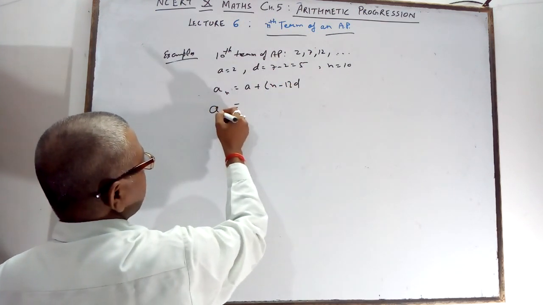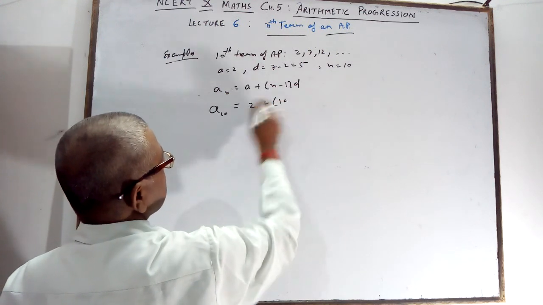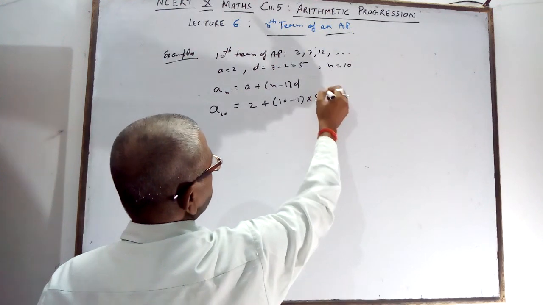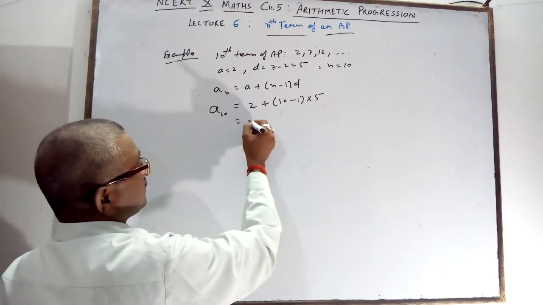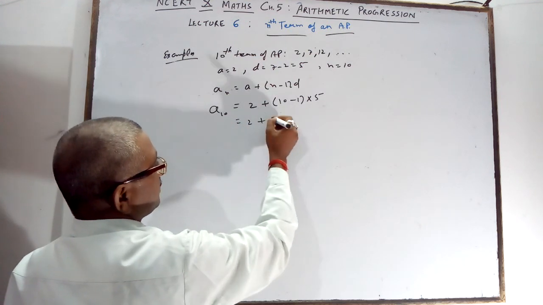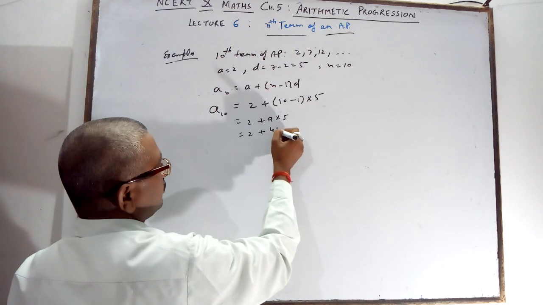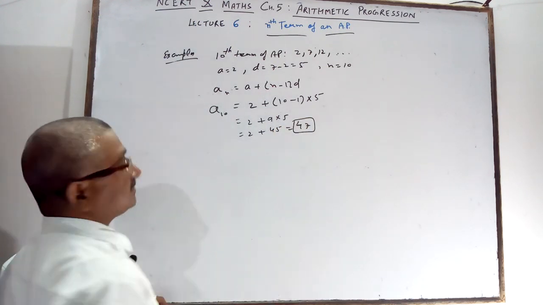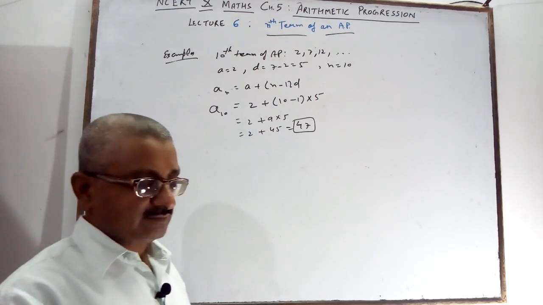So a10 is 2 plus (10 minus 1) multiplied by the common difference 5. You calculate 2 plus 9 into 5, that is 2 plus 45, equal to 47. 47 is its 10th term.